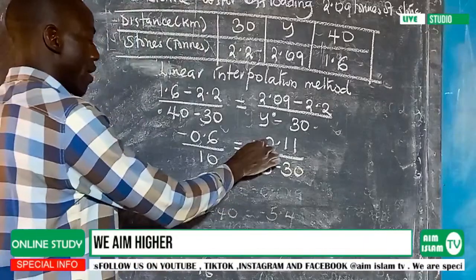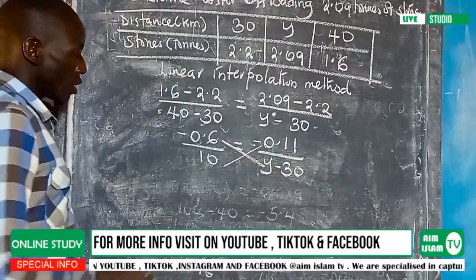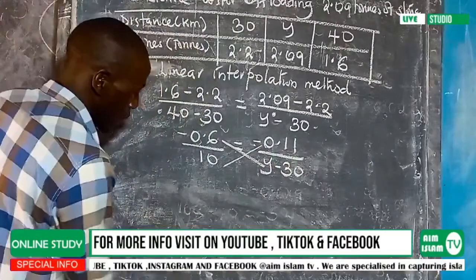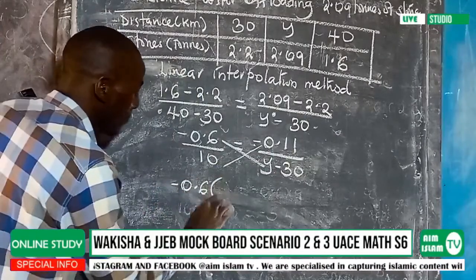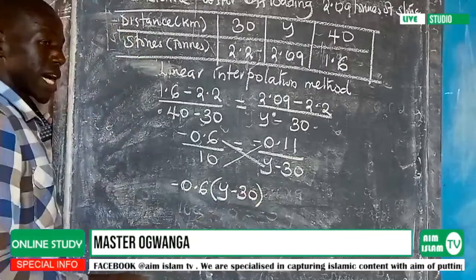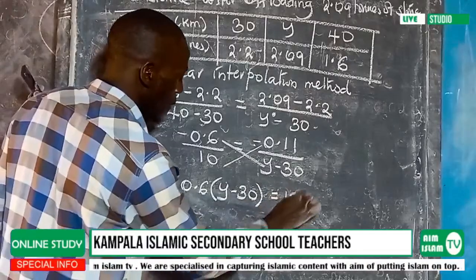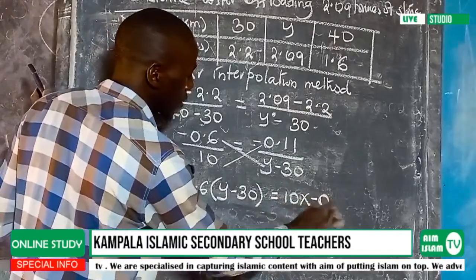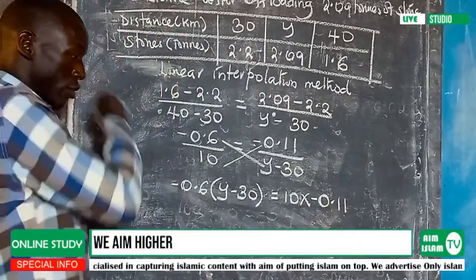Cross multiply: you'll have negative 0.6 multiplying y minus 30, then you'll also have 10 times negative 0.11.